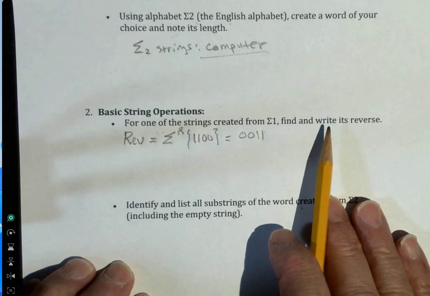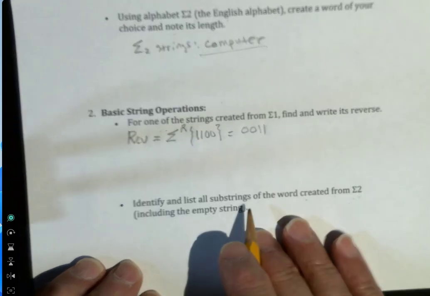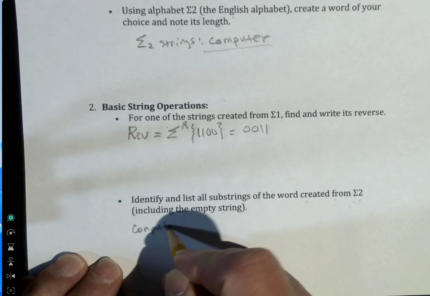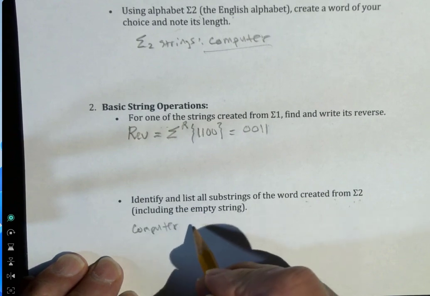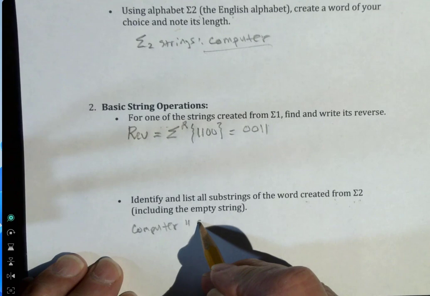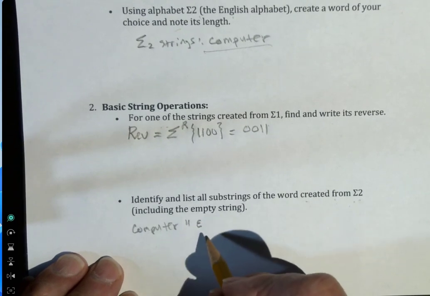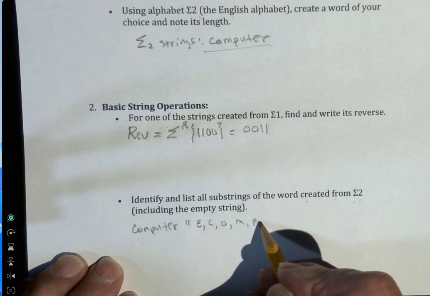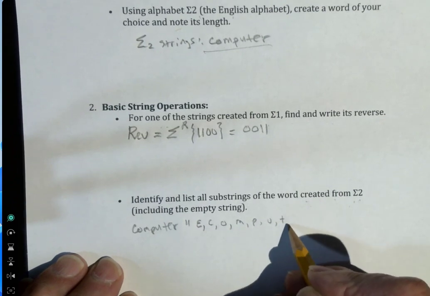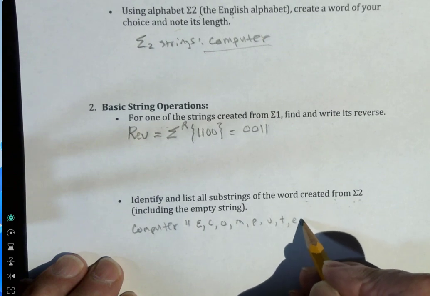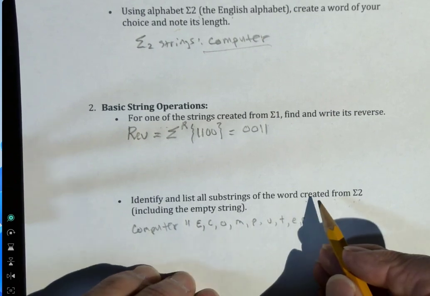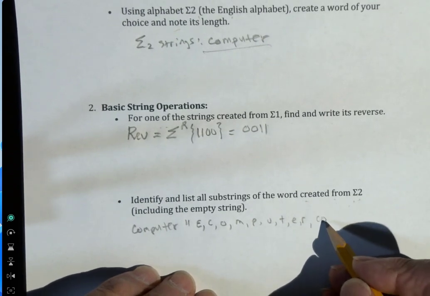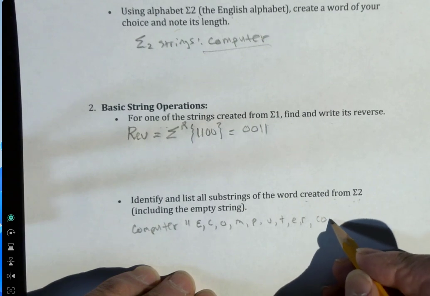Okay, so to do that, I have the word computer, and I'm going to use the first epsilon and then C, and then CO, OM.